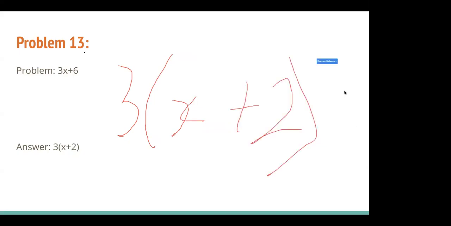We have this because 3 can go into 6, and 3 goes into 6 2 times, and 3 is our common multiple over here. 3 will go into 3x once, leaving x alone, and that's the x right here. And the symbol, which is plus, and then we have 2 because 3 can go into 6 2 times. So that's the answer.